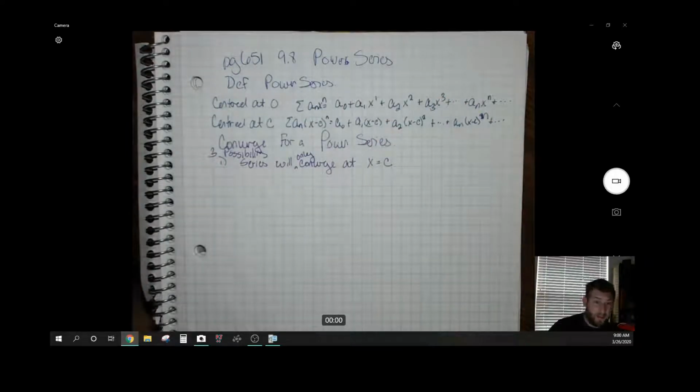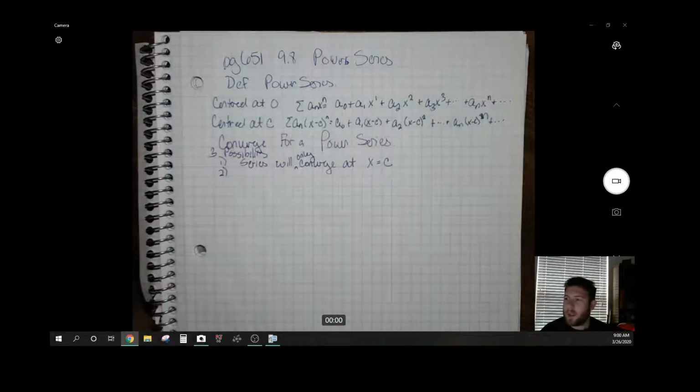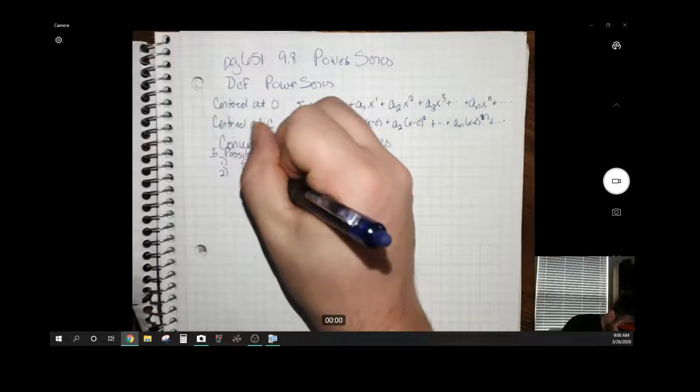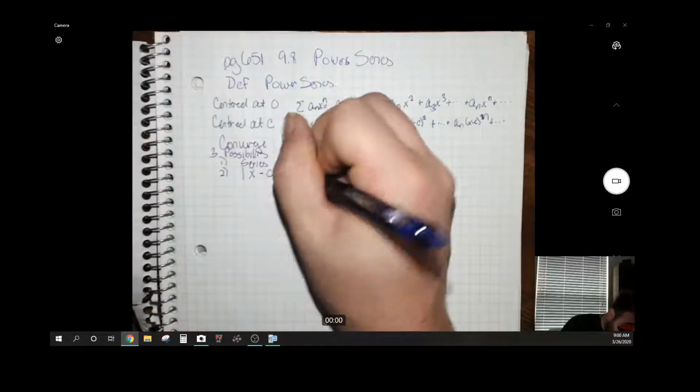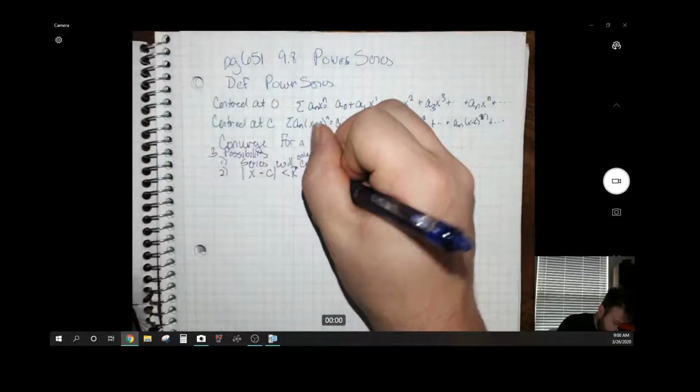Now the next one. So this next one is going to be what's called an interval, essentially. So only where the absolute value of x minus c is less than R will converge.